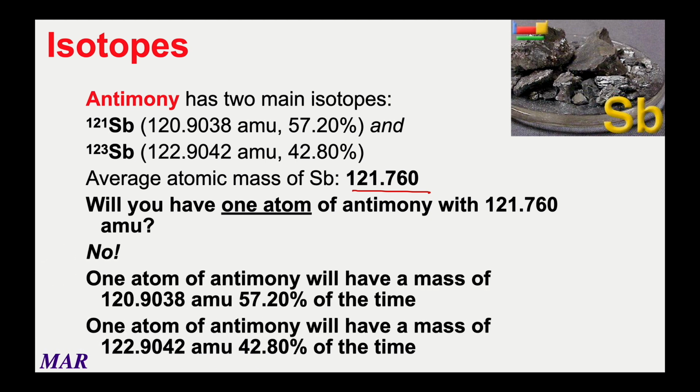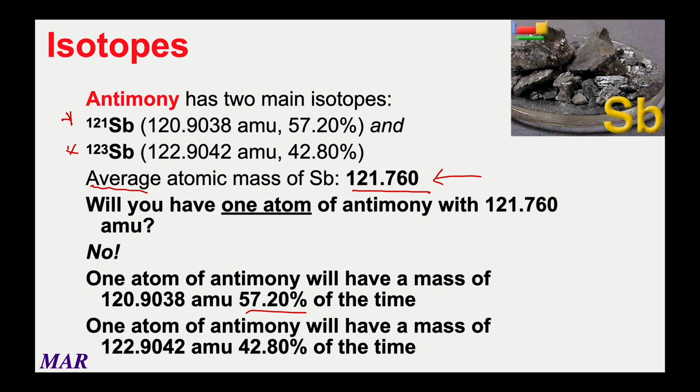You're not ever going to have one atom of that average mass. Average means you're taking different pieces and putting them together to find the thing. What this means, if you look back at these two parts up here, 57.20% of the time, you're going to have an antimony 121. So imagine you've got a big bag, all right, and about 57 out of 100 times, you're going to have an antimony 121 pulled out, if we could pull atoms out.